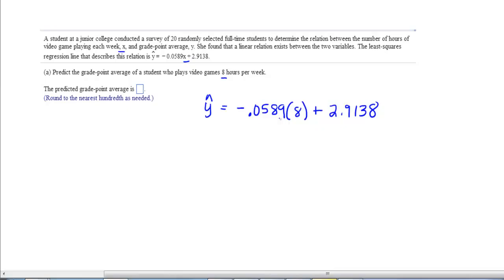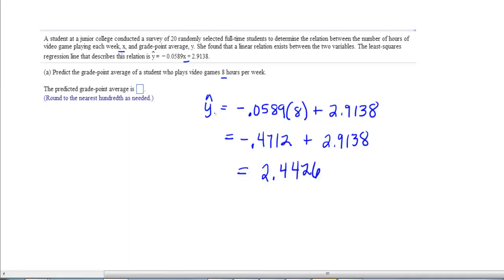First I'm going to multiply the negative 0.0589 by 8, and I get a negative 0.4712 plus 2.9138, and then I combine these two, and I'm left with 2.4426.